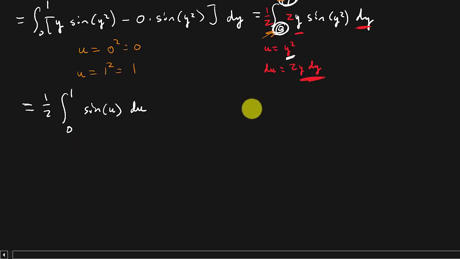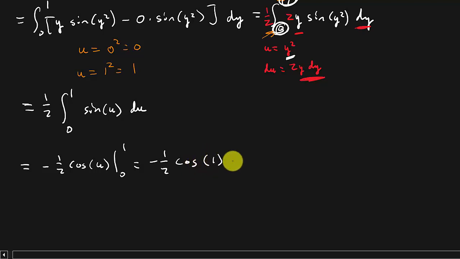All right. So now what's the antiderivative of that? Negative cosine. So that's negative 1/2 cosine u from 0 to 1. So that's going to be -1/2 cosine of 1 minus -1/2 cosine of 0.